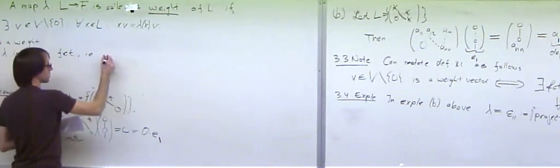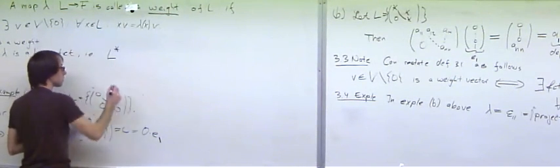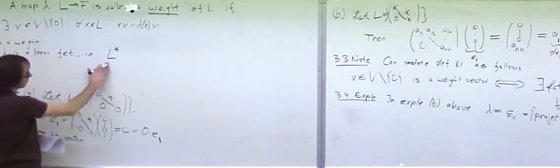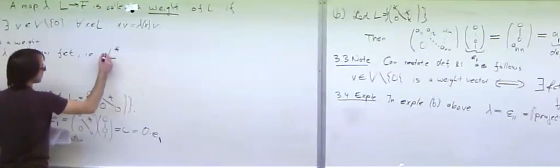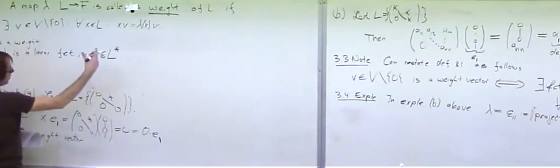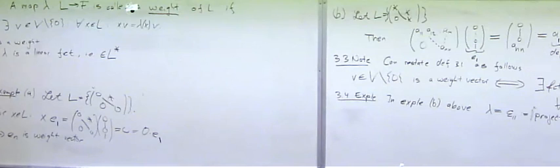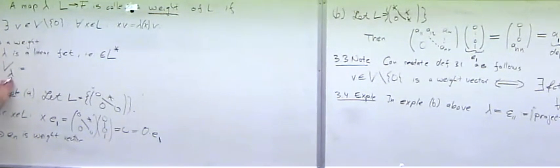In other words, it's an element of the dual vector space of L. By L star, I mean the set of all linear maps from L to F. And the second property: given lambda, I can consider the space V lambda of all simultaneous eigenvectors, the eigenvalues of which are given by this lambda.